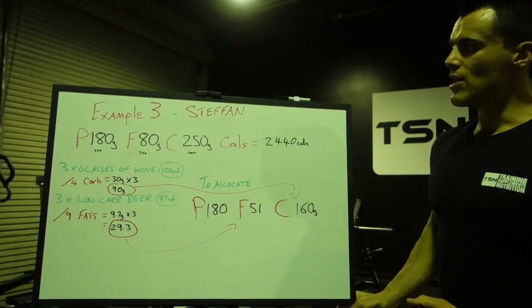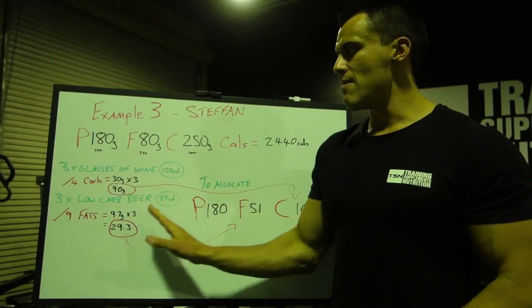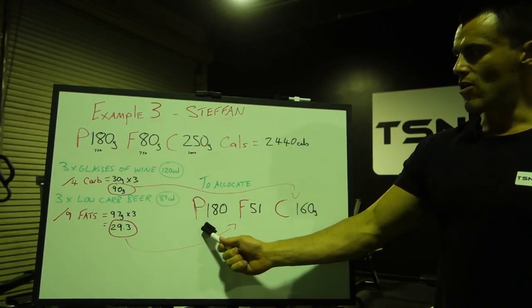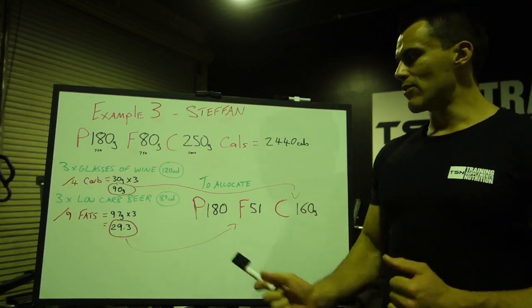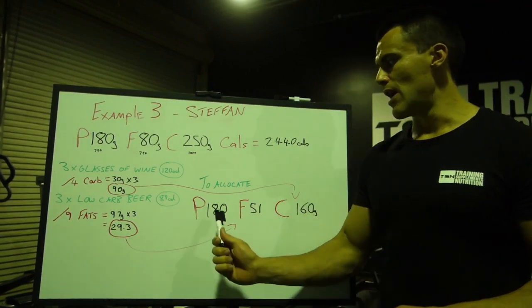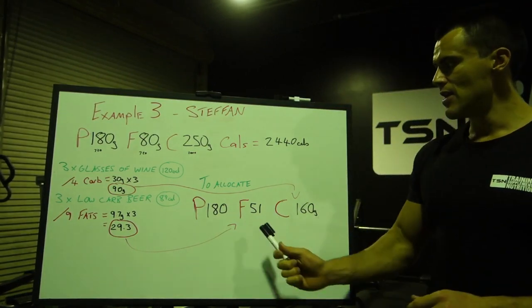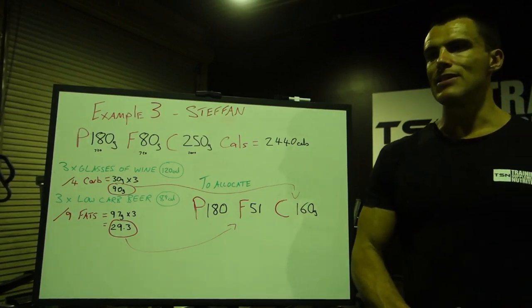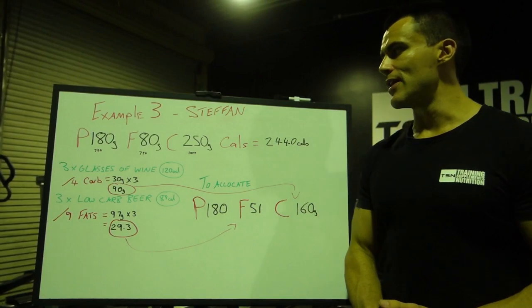So basically, to allocate and break even, as I say, Stefan on the Friday with his macros would need to adjust them to 180 grams of protein, 51 grams of fat, and 160 grams of carbohydrates.